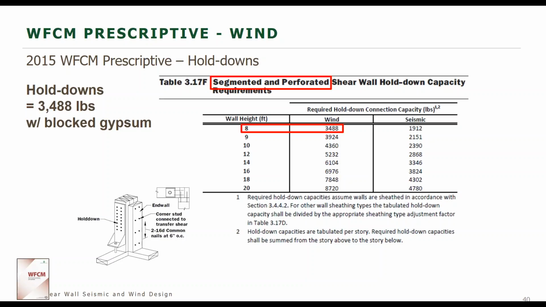So screws, they are permitted. There are provisions in the Wood Frame Construction Manual and in the Special Design Provisions for Wind and Seismic that allow alternate materials. The caveat to that is we don't have tabulated values for those.